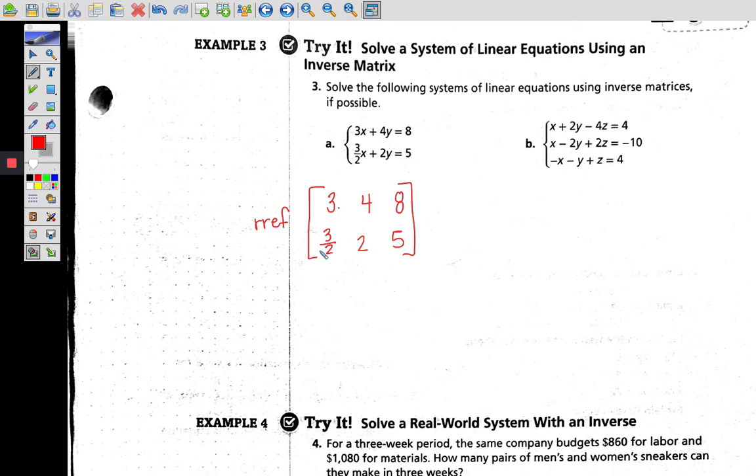Alpha, you can do alpha y equals. Let me see. Okay. I'm going to do 3.